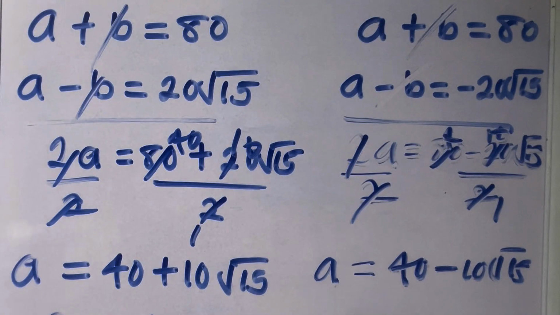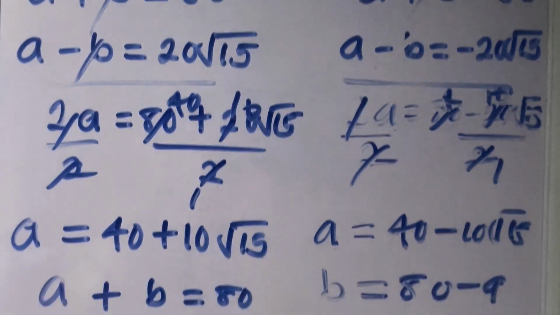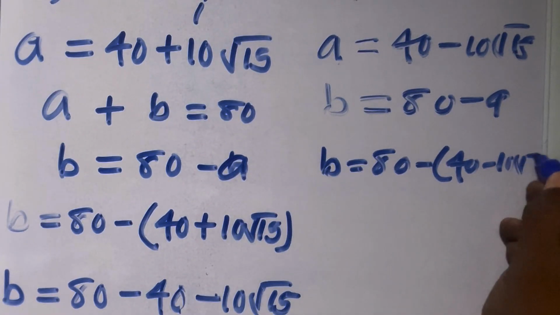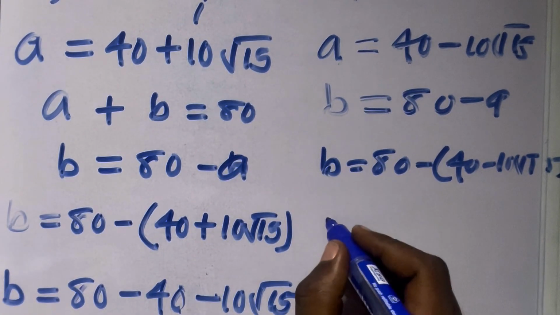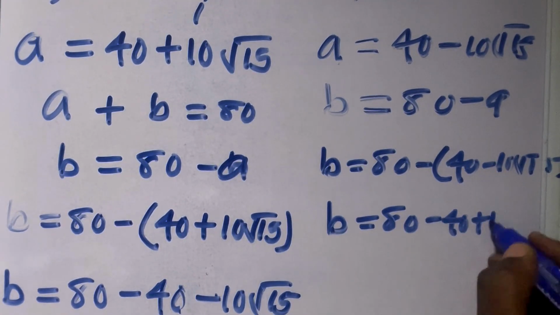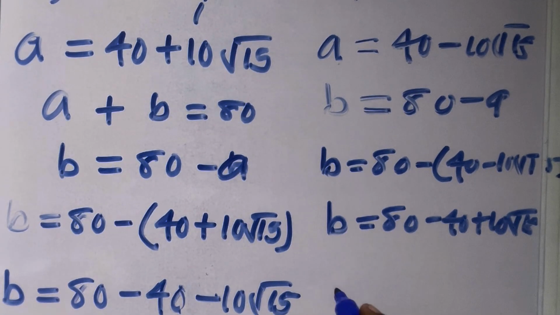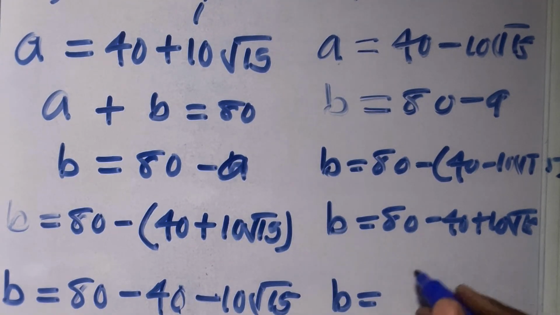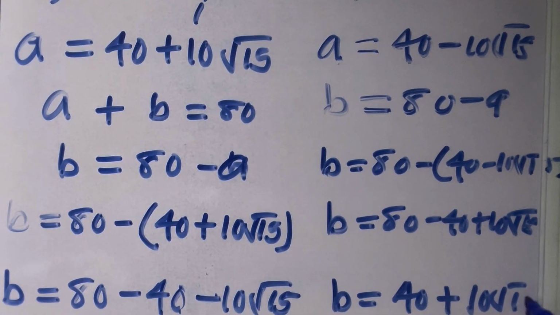Let's substitute this into equation 3. We have b equals 80 minus a, so b equals 80 minus (40 minus 10 root 15). Then b equals 80 minus 40 plus 10 root 15. Therefore, b equals 40 plus 10 root 15.